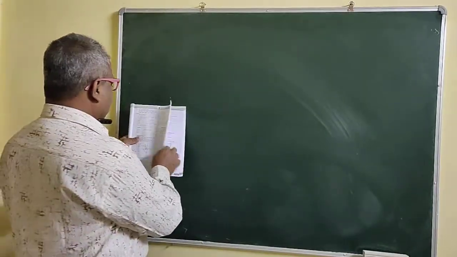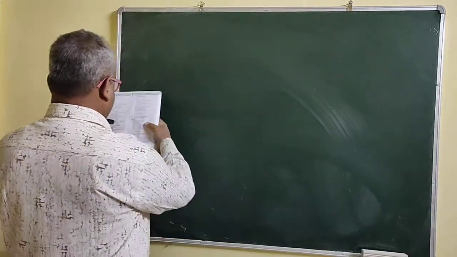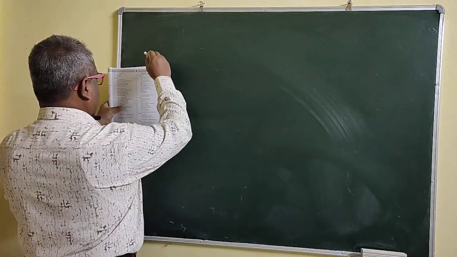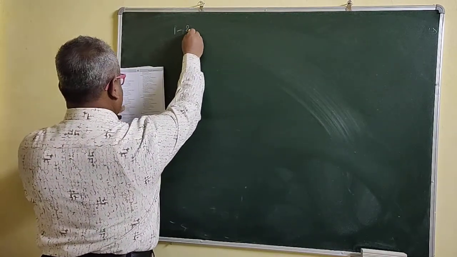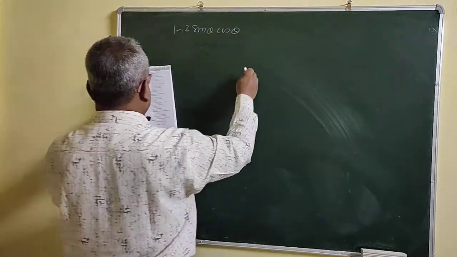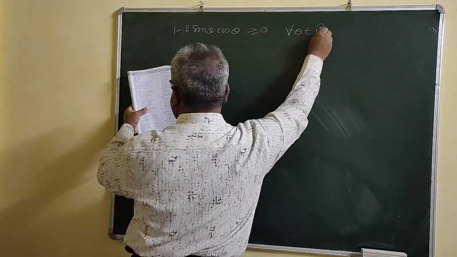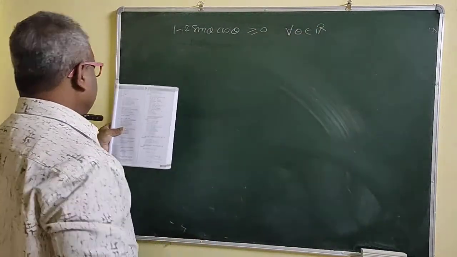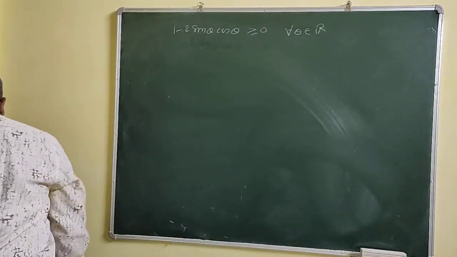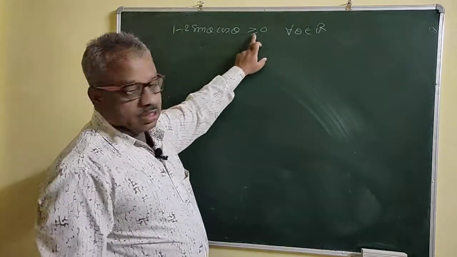Prove that 1 minus 2 sin theta cos theta is greater than or equal to 0 for all theta belonging to R.